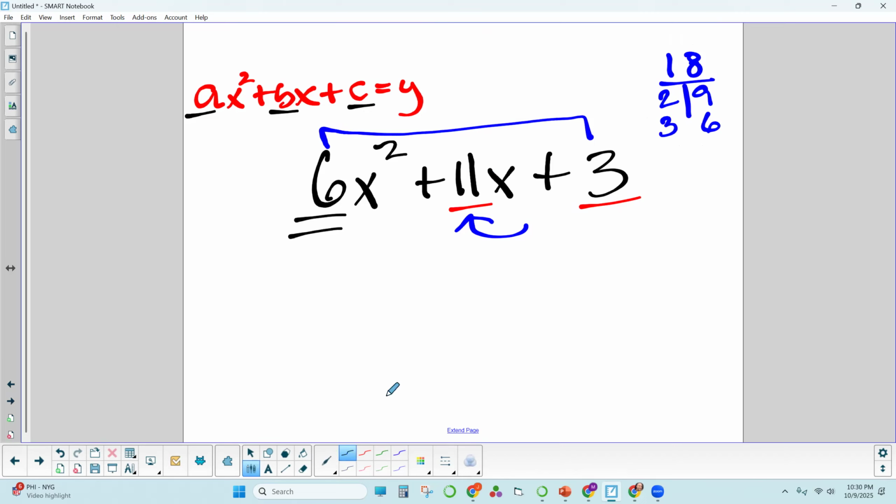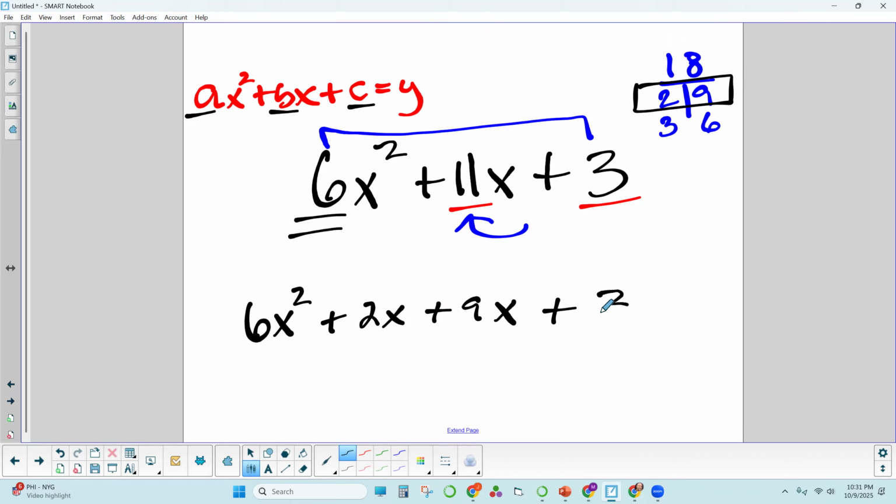So what I'm going to do is write an equivalent to this. I'm going to start with my 6x squared, but I'm going to expand this middle term, 11x, into 2x and 9x, and then add my constant there at the end. Okay?